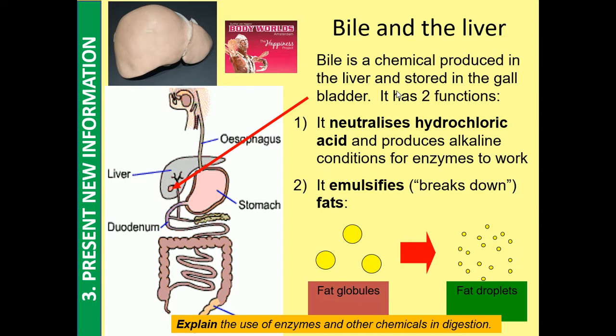It also emulsifies, which is not the same as digesting. It's just breaking down those large fat globules, that is a word they like you to use, into smaller fat droplets, okay? Coating them in this layer of bile so that they have a large surface area, they don't stick together again, which helps lipase out later on to attack and digest those fat droplets.